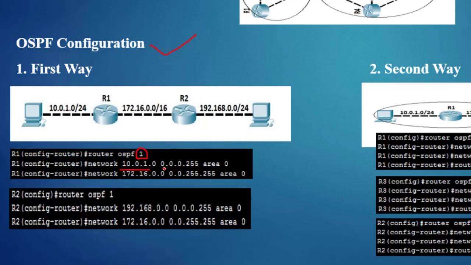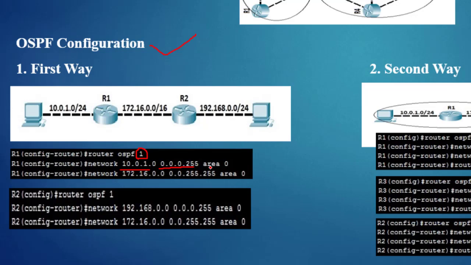And now the concept of wildcard mask, we did it in EIGRP. Suppose you have not watched that class, I will leave a link in the description so that you can understand how to configure EIGRP. It's pretty much simple if you start from static routing, default routing, RIP, EIGRP, then OSPF.